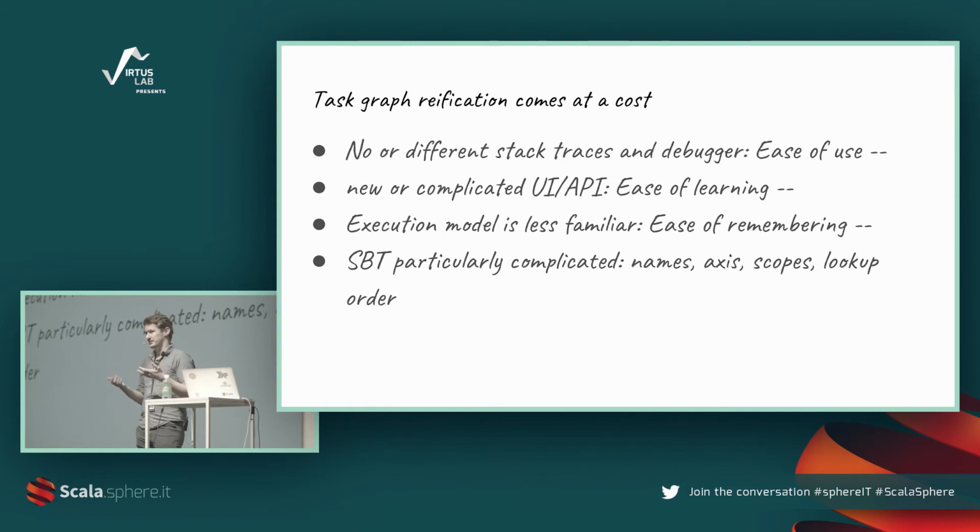That is necessary in order to have a simple static analysis over the task graph up front, but it also is a different semantic execution model than ordinary Scala code, where references work differently. They're only evaluated conditionally. And in a way, we know that sbt is particularly complicated when it comes to this graph with all these concepts like names and axes and scopes and the lookup order of keys in certain axes or scopes.